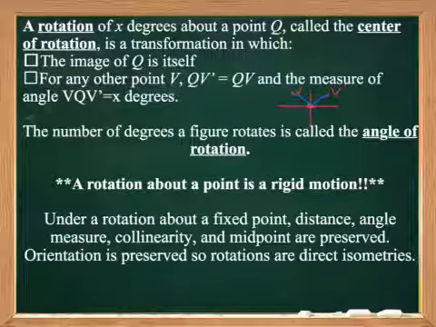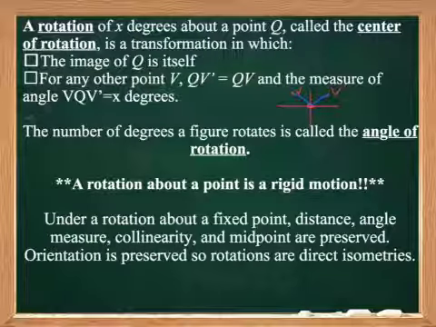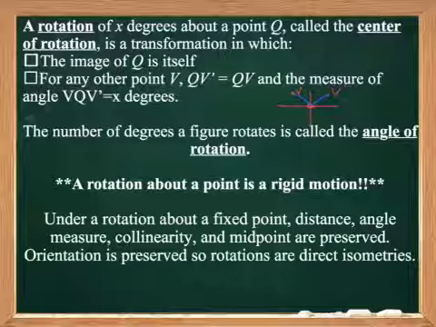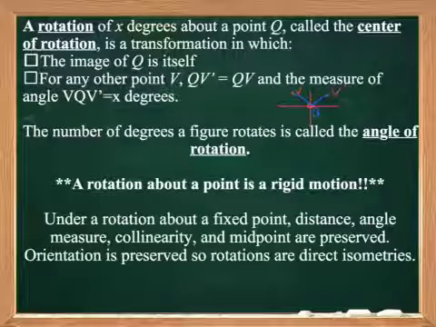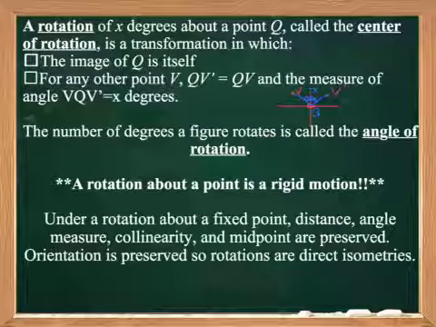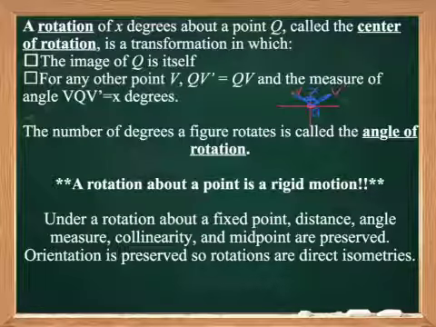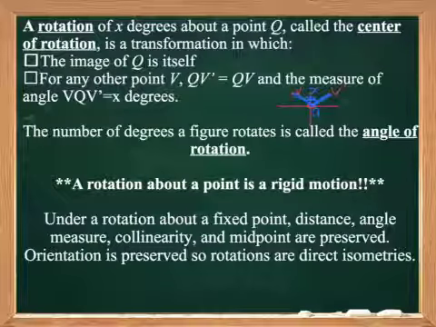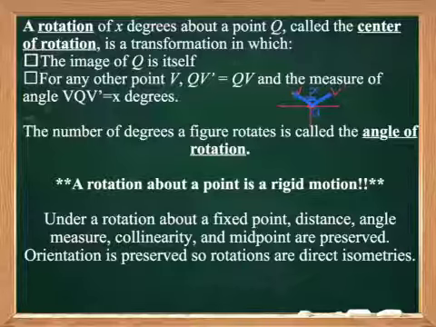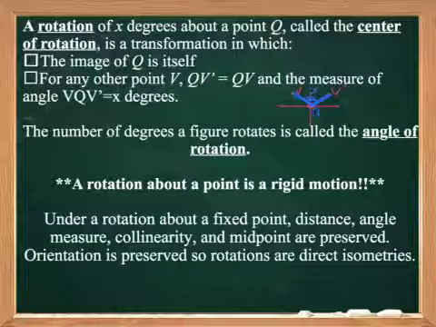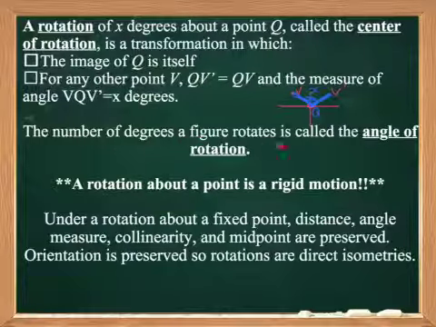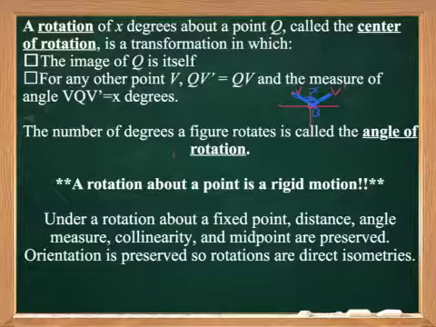And the measure of the angle, and let's say this point is Q, so V, Q, V prime is going to be x degrees. So however many degrees the rotation is should be the measure of the angle from the pre-image to the center of rotation to the image. The number of degrees a figure rotates is called the angle of rotation.